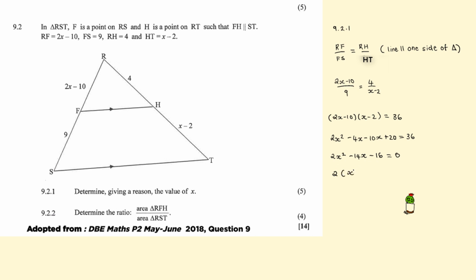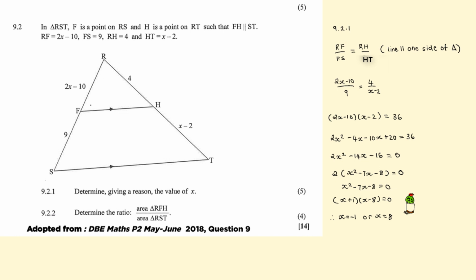Dividing both sides by 2 will leave us with x squared minus 7x minus 8 is equal to 0. This can be factorized into x plus 1 into x minus 8 is equal to 0. Therefore, x is equal to minus 1 or x is equal to 8.